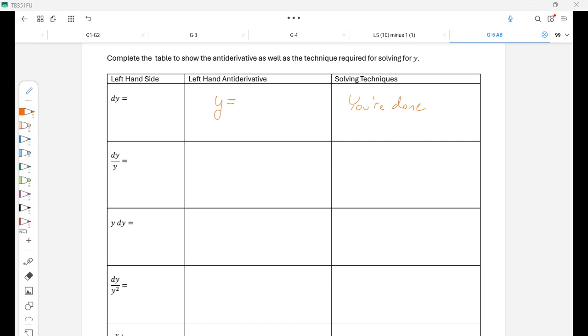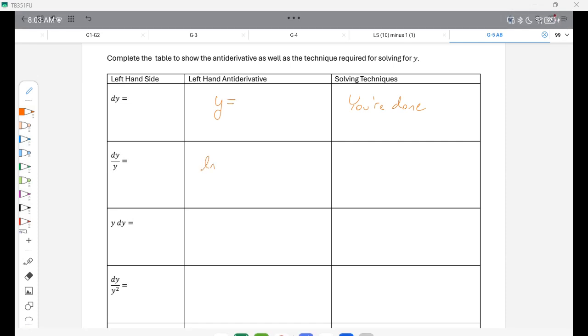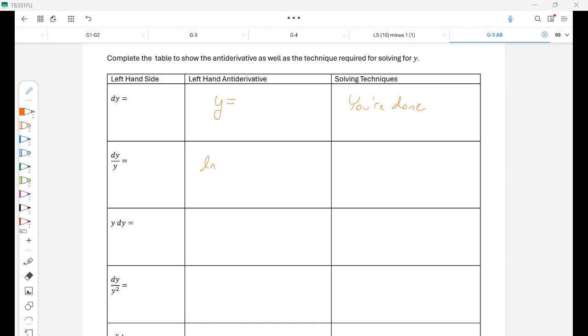So we have dy over y next. When I integrate that, what do I get? ln of the absolute value of y. Yep. From there, we're going to, just a day of fun words, exponentiate both sides.